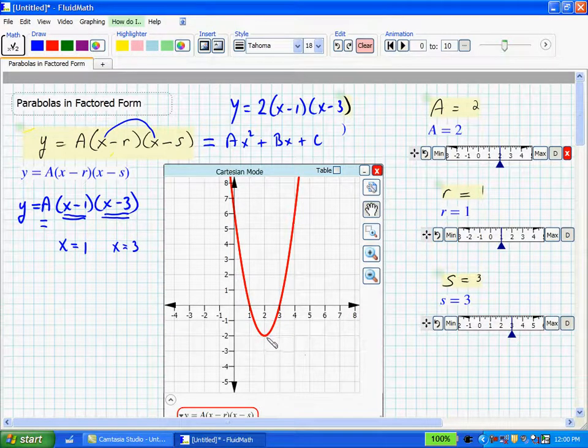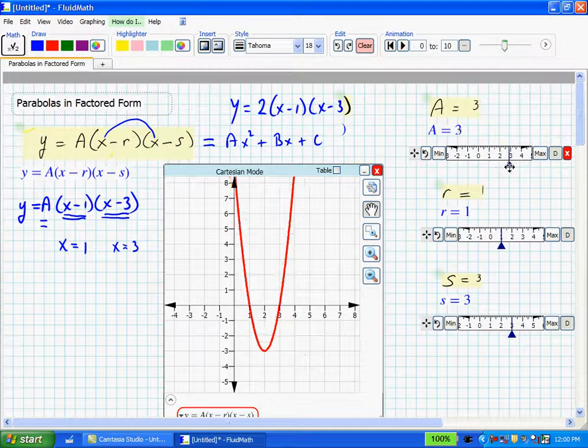And notice the shape. If we are at the vertex, we go over 1, the shape is 2x squared, we go up 2. So it's exactly the shape we expected, y equals 2x squared, that happens to go through 1 and 3. If we were to change the shape to 3, now at the vertex it's a little steeper, when we go over 1, we go up 3.